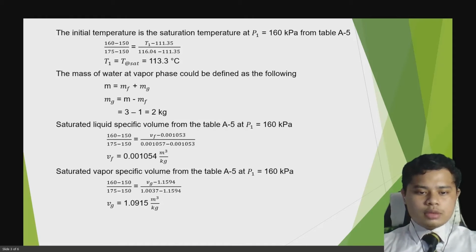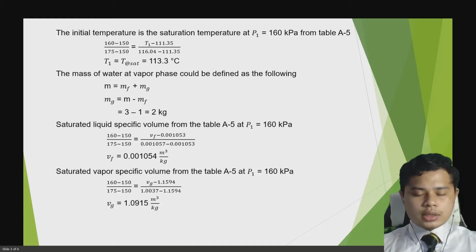After that, we must find the saturated liquid specific volume. We can find it in table A5, when the pressure is equal to 160 kPa.